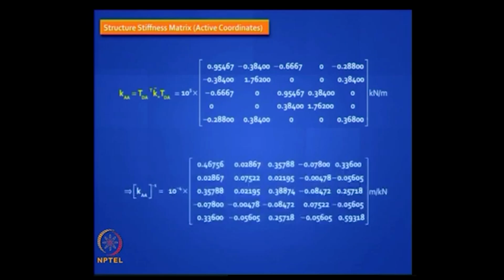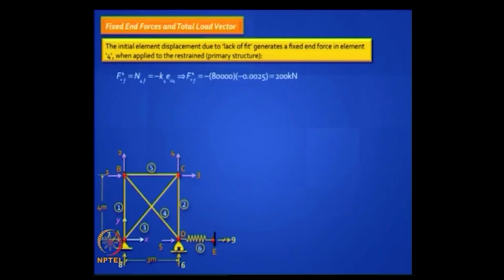Now what? Now invert it, or you can use Gauss elimination. Now you are ready to handle any loading that can come on the structure. Any loading can be handled. This is a property of the structure. So it's ready. Once you give the geometry, give the EA by L values, you can program your system to generate the element stiffness and the structure stiffness matrix.